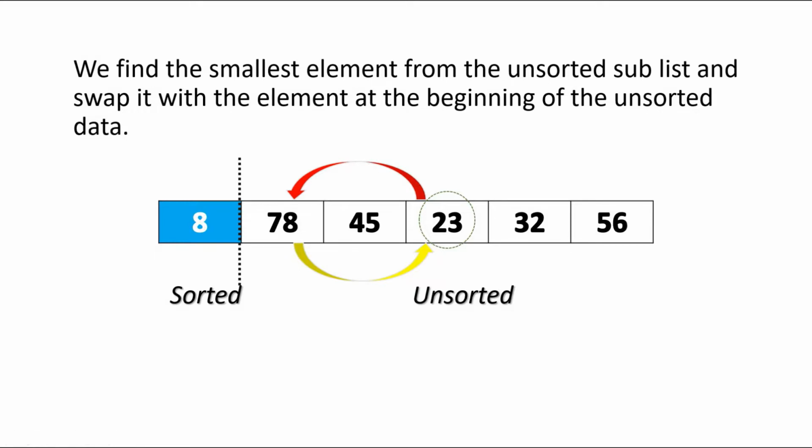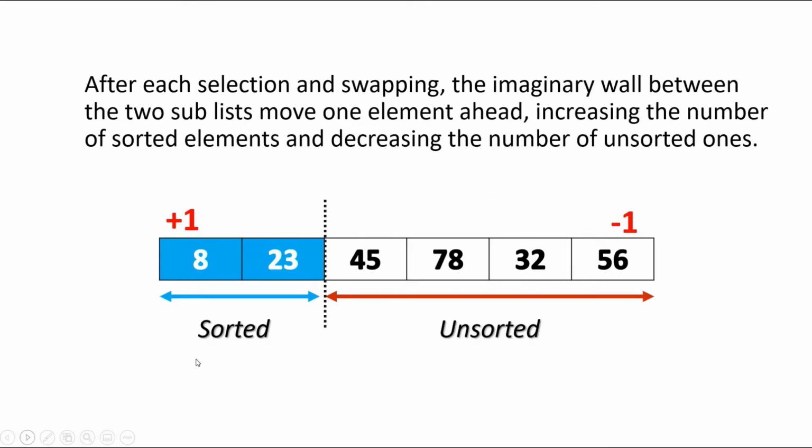When we find that smallest element, we have to swap it with the first element of the unsorted sublist, which is 78. That means after this process, 23 comes here and 78 goes there. Okay. Then, as the next step, we have to do this.